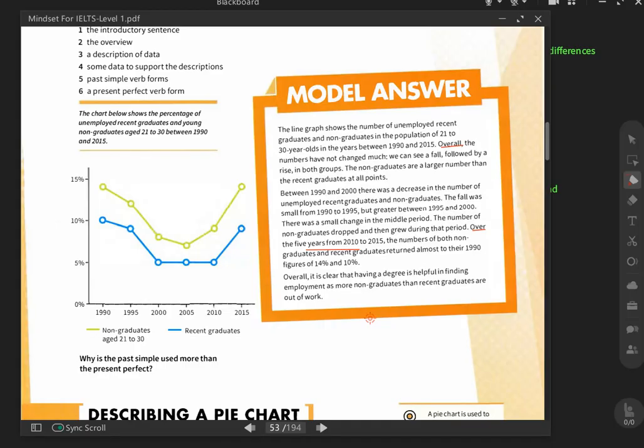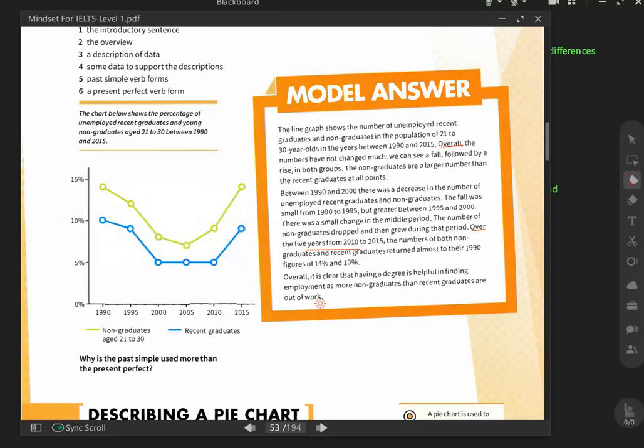We can see a fall followed by a rise in both groups. Okay, so let me see. Over the 5 years, both non-graduates and recent graduates returned almost to their figures. Okay, so past simple. So I can see more past simple here, but have not changed much. Yes, of course, you're right.